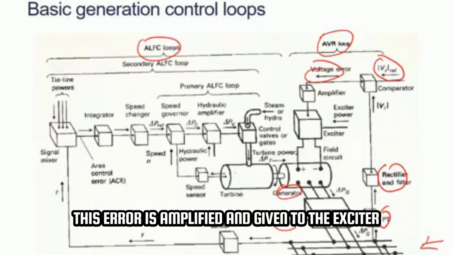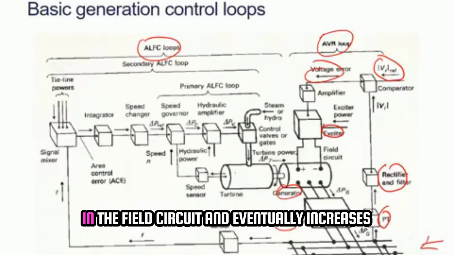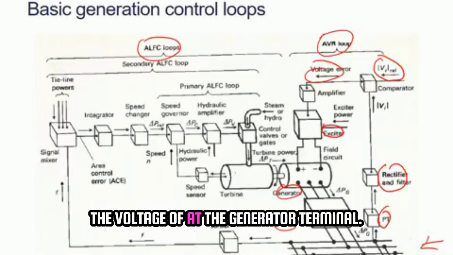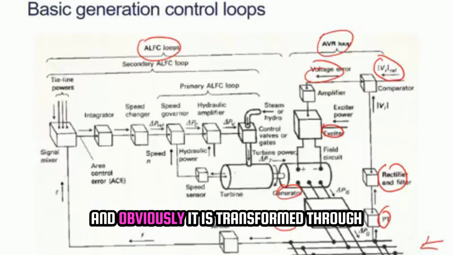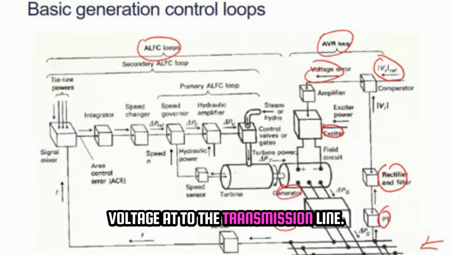This error is amplified and given to the exciter, which increases the field current in the field circuit and eventually increases the voltage at the generator terminal. It is then transformed through a transformer and again injects voltage into the transmission line.